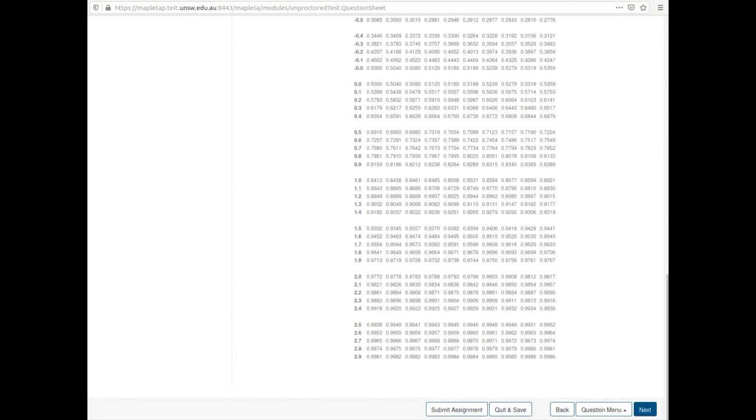Divided by square root 250 on 9 equals 1.17. Yep. And the probability for 1.17 is pretty close.